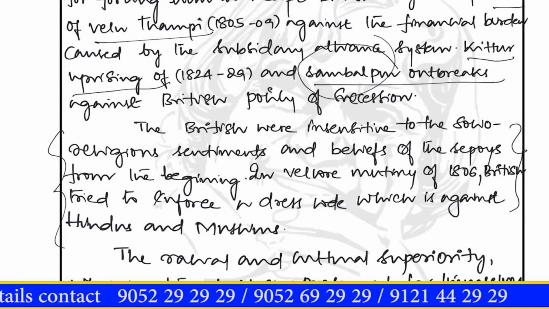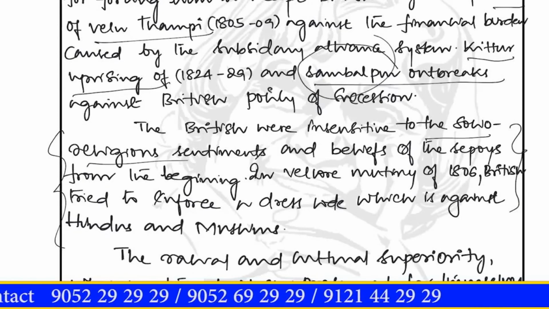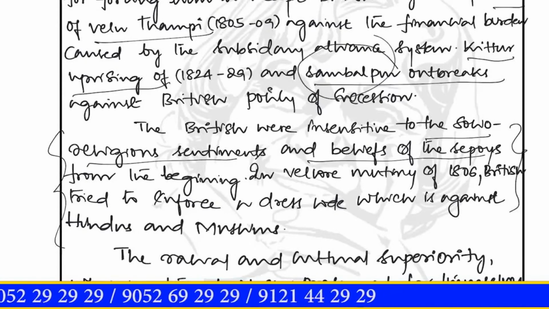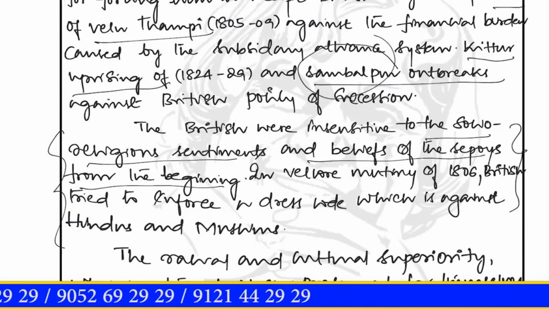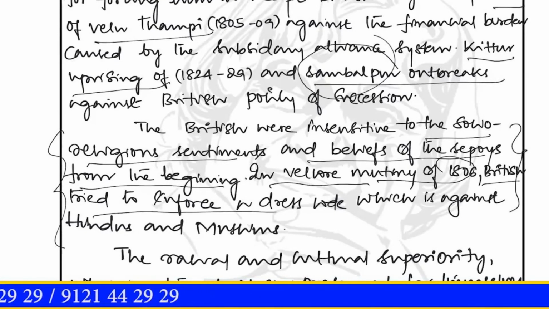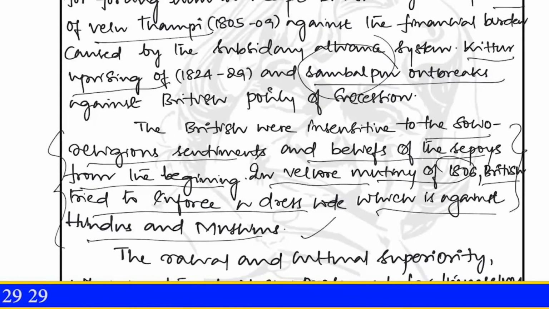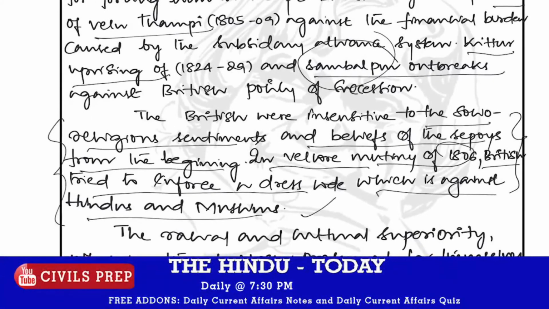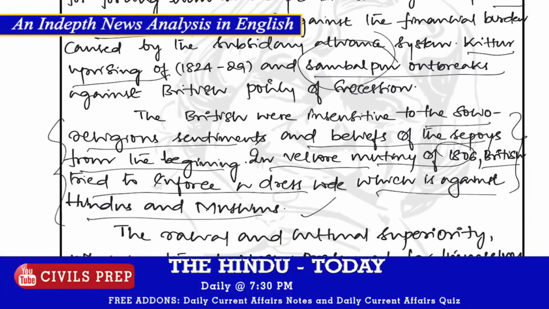Now, the British were insensitive to the socio-religious sentiments and beliefs of the sepoys from the beginning. Okay, in Vellore Mutiny of 1806, Britishers tried to enforce a dress code which is against Hindus and Muslims. They wanted to remove all the religious marks of Hindus, and they also asked Muslims to remove their beard and all.